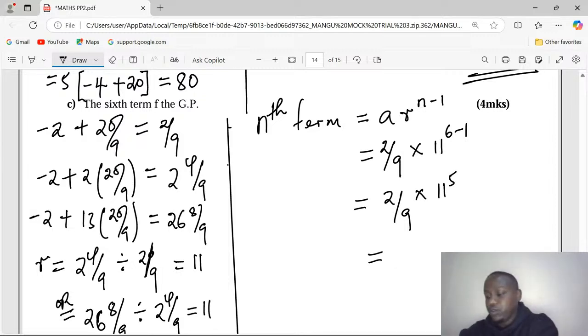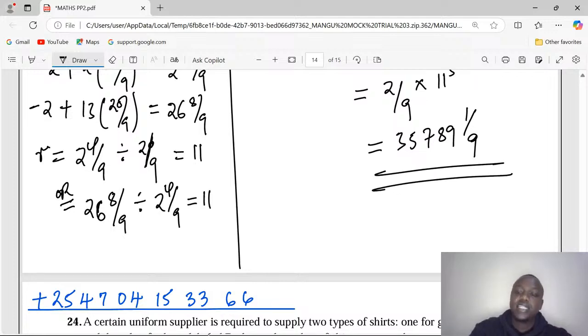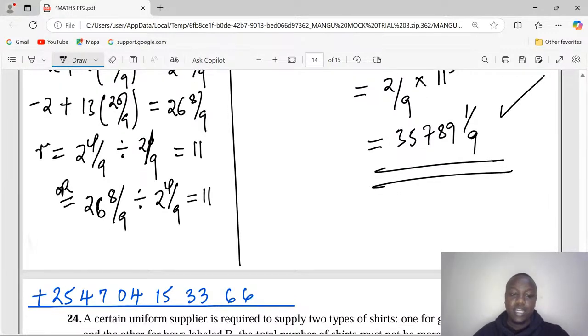So I must confirm that using a calculator now. 11 power 5, then we multiply by 2 over 9. This is going to be 35,789, then 1 over 9. The fraction is 1 over 9. So this is the sixth term for the particular sequence.